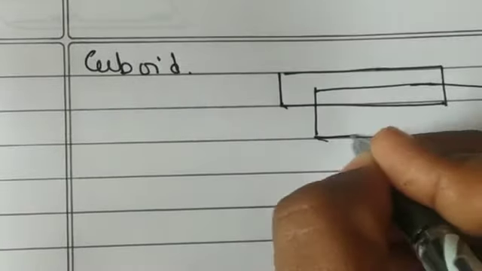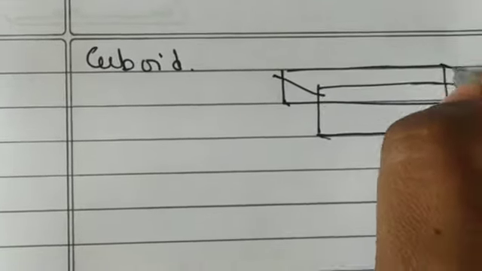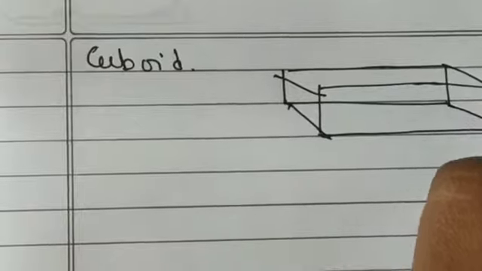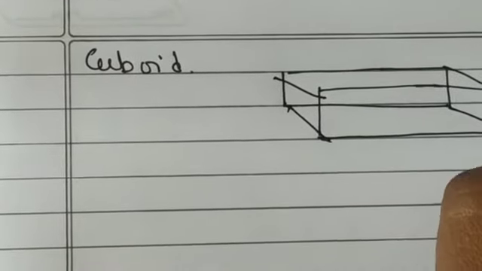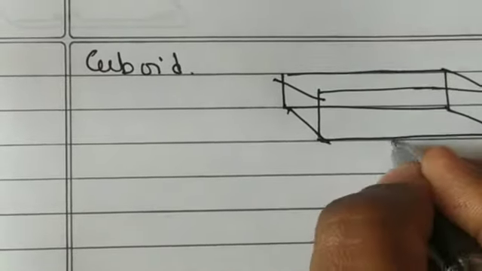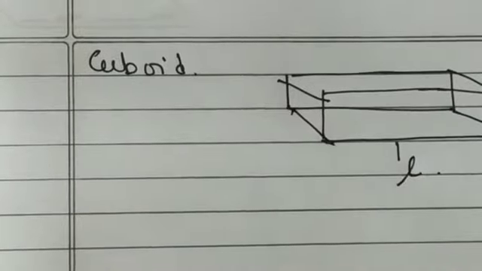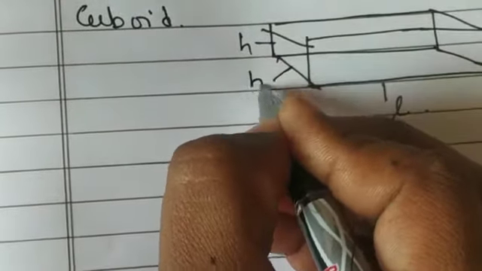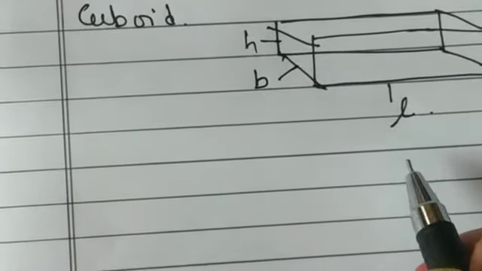So this is our cuboid. In a cuboid we will see the height, length and breadth. This is the height, this is our breadth and this is our length.